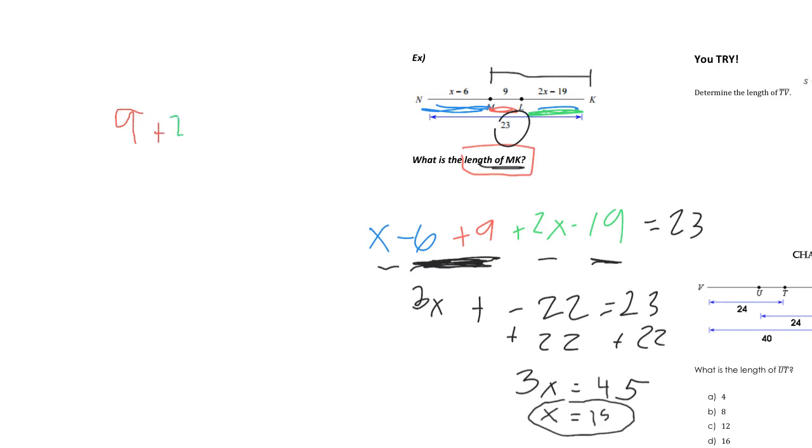So 2, but we know that x is 15, minus 19. 2 times 15 is 30. 30 minus 19 is going to be 11. So 9 plus 11 here. 9 plus 11 is 20. So MK is 20.